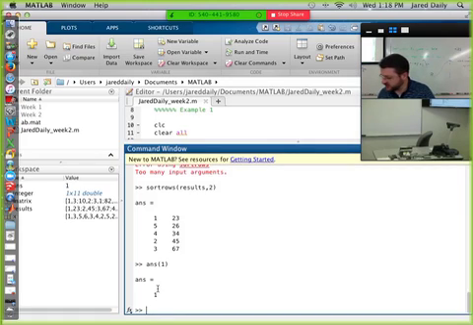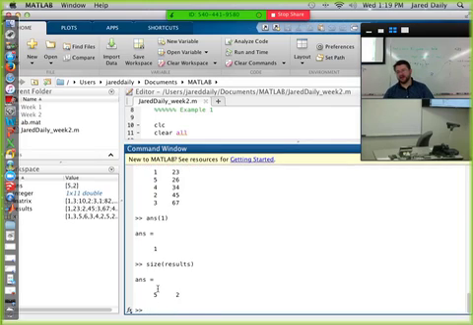What we really want to do next here is to go on to our next thing. I want to use a new function called size. So let's do size of results, for example, and see what that gives me. So size is going to return some numbers, an array of numbers, and essentially the first number is going to be the first dimension of the thing that you put into your size function.